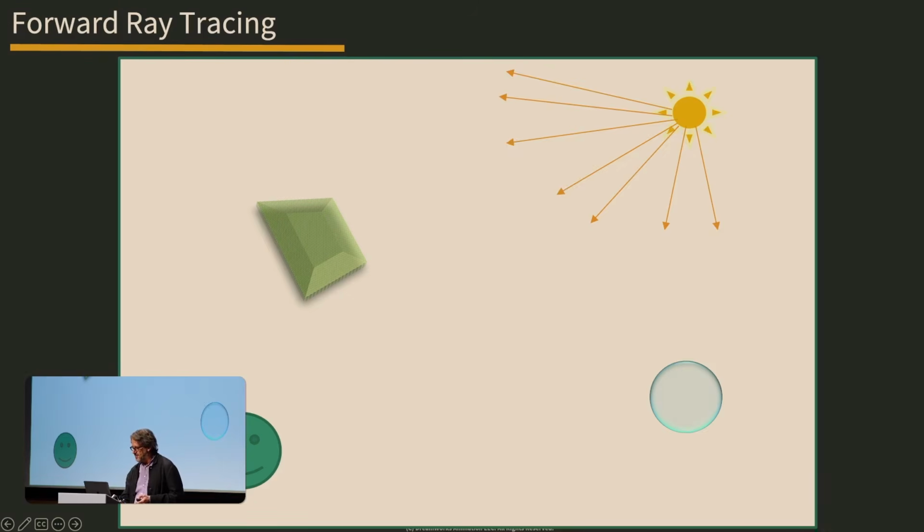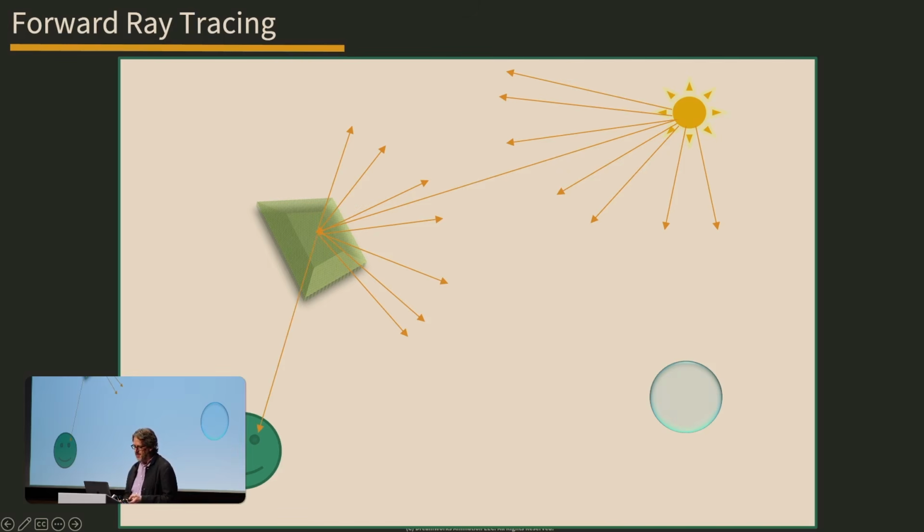Here we see our light source is emitting rays in all directions. And we'll follow just one of those rays that reaches the surface. Now, the surface isn't smooth, so it's going to reflect light into the environment in multiple directions. One of those directions is towards the eye of our viewer, so they can see the polygon directly.